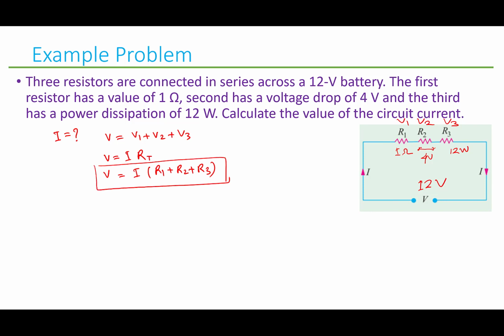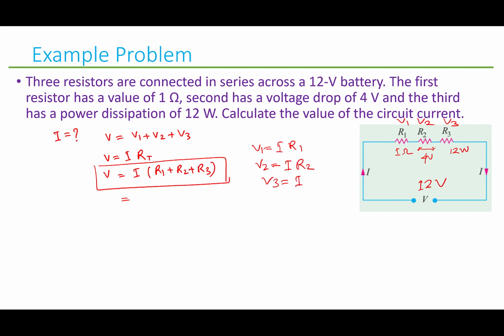Now what do we know about V1? If we extend it further, V1 equals I times R1, and V2 equals I times R2.